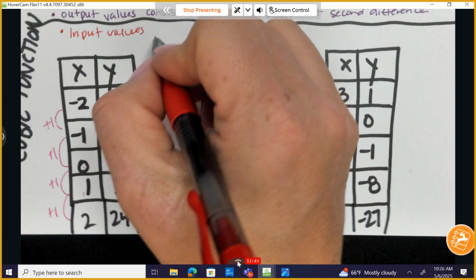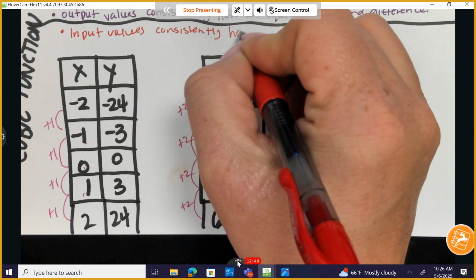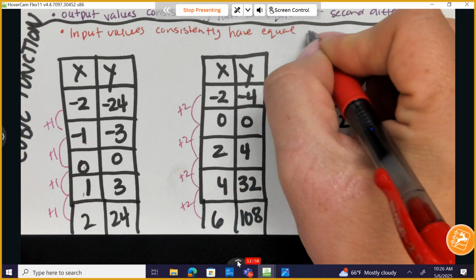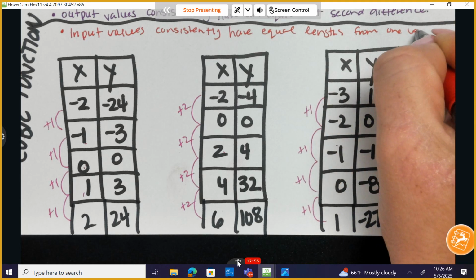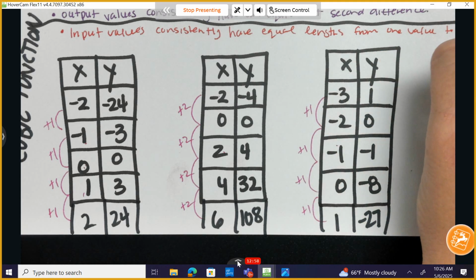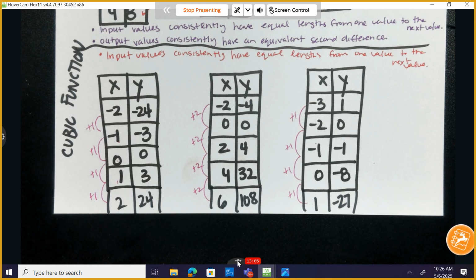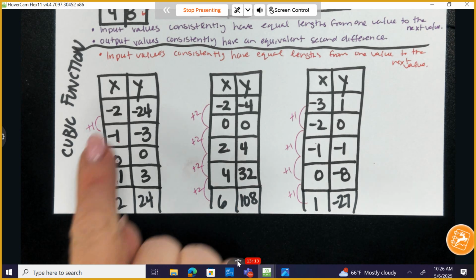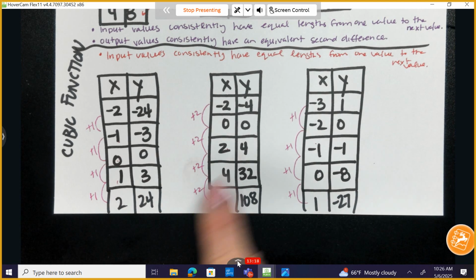They're equal lengths, so we're going to write input values consistently have equal lengths from one value to the next value. So we put that exact same wording that describes input values for linear, quadratic, and cubic. Consistently, so it's always the same, equal, 1, 1, 1, positive 2, positive 1.